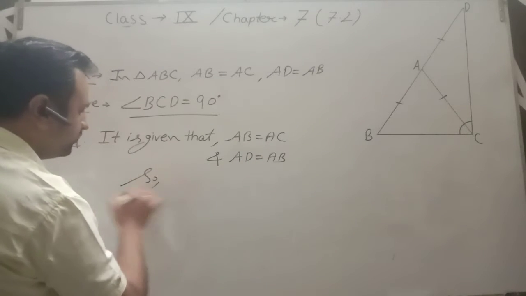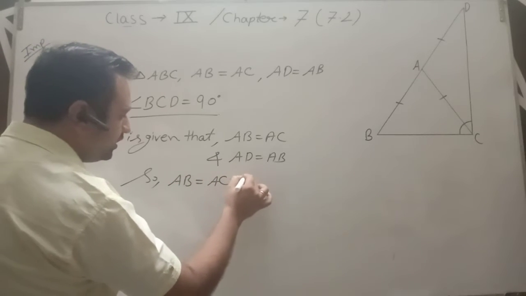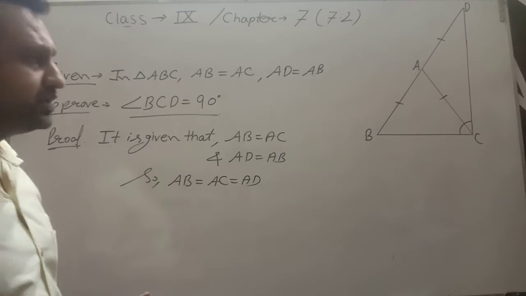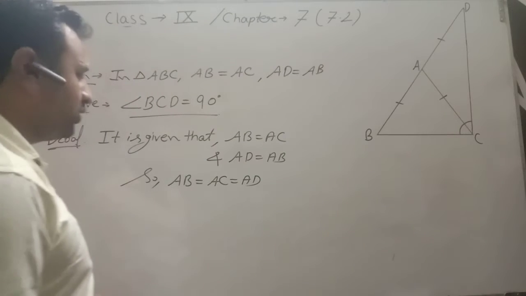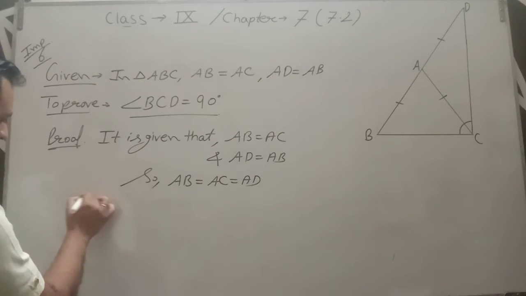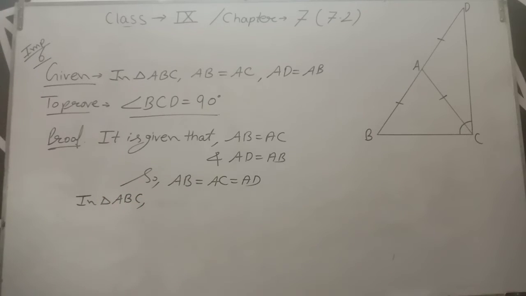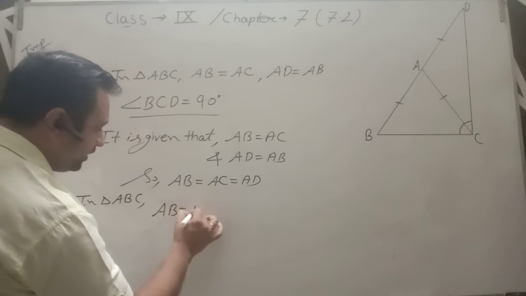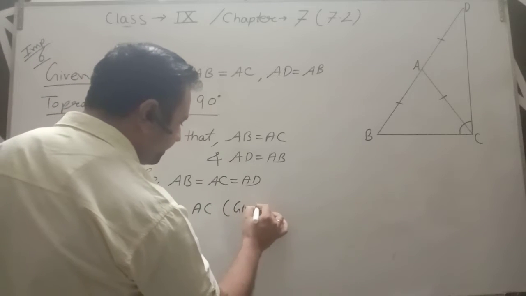So we can say that AB, AC and AD, these three sides are equal to each other. AB, AC and AD ये सब आपस में equal हैं. Now in triangle ABC, what is the main condition? Yes, in triangle ABC we can say that AB and AC are equal, which is given.